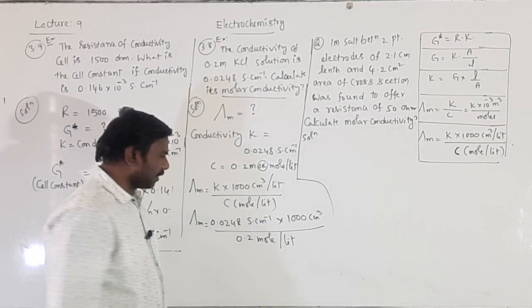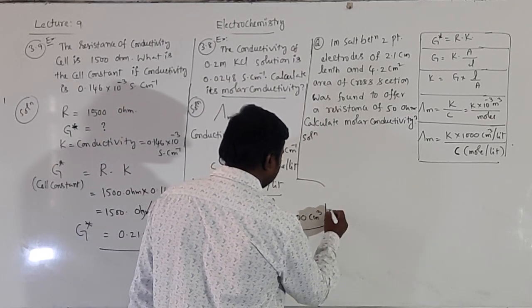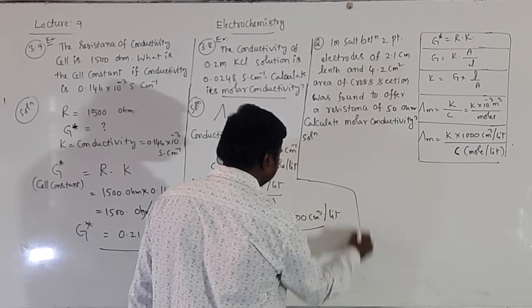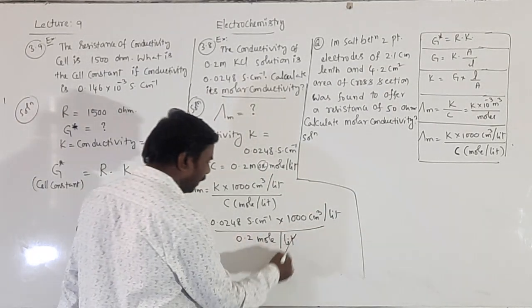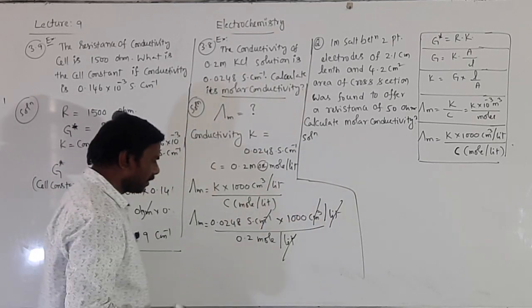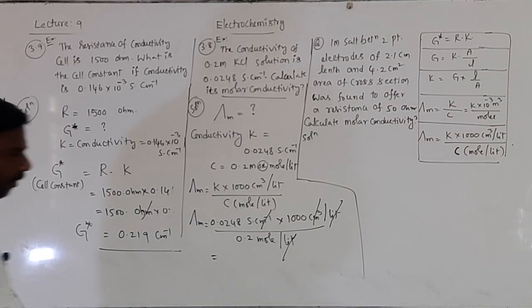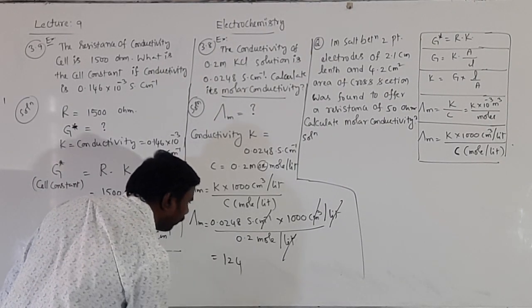Substitute clearly, students. Centimeter cube per liter, per liter cancelled. Centimeter inverse becomes centimeter square. By solving this, you will get 124 Siemens.